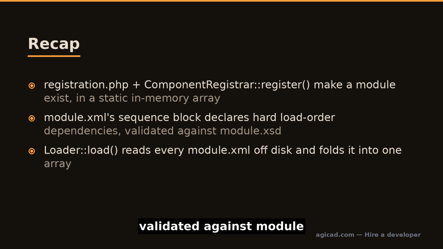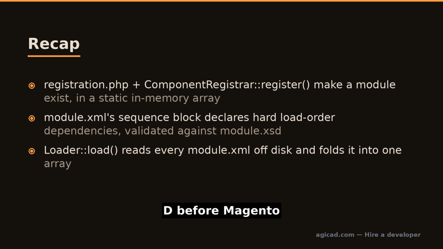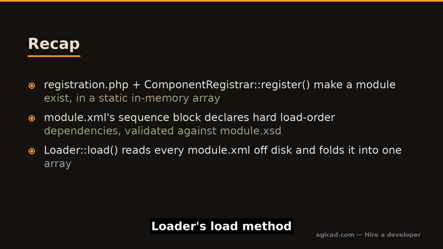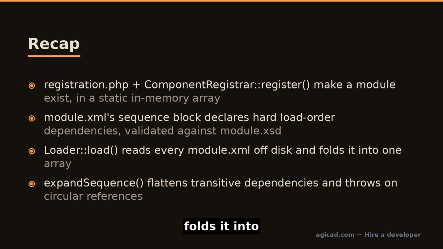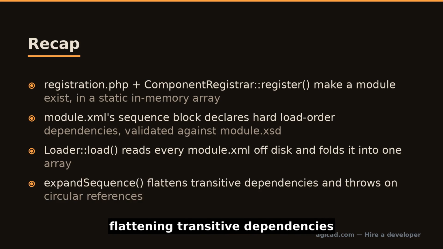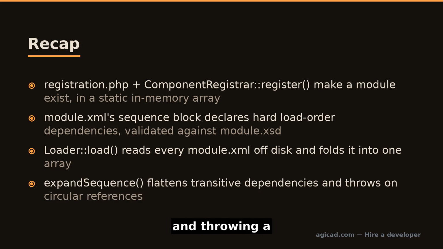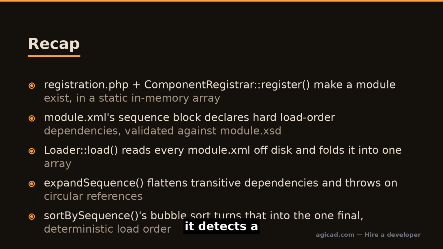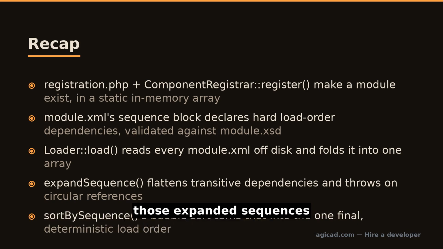Loader's load method reads every registered module's module.xml off disk and folds it into one big array. expandSequence walks each module sequence recursively, flattening transitive dependencies and throwing a logic exception the moment it detects a cycle. And sortBySequence, deliberately a bubble sort, is the exact algorithm that turns all of those expanded sequences into the one final, deterministic order Magento loads modules in every single time.